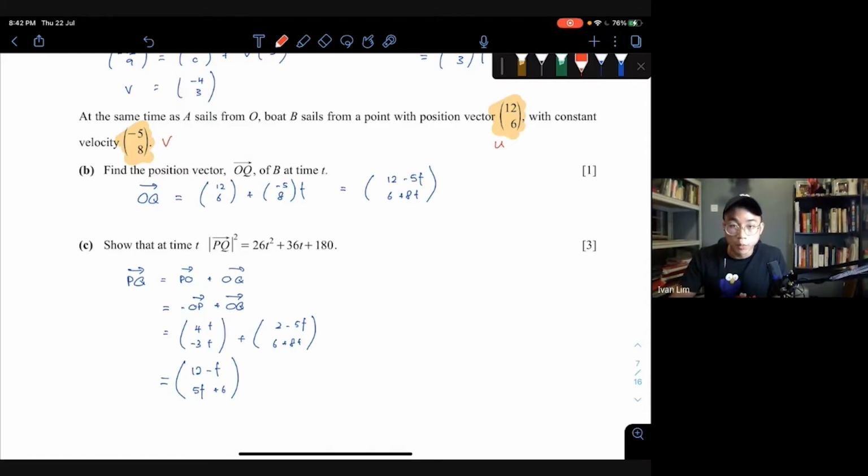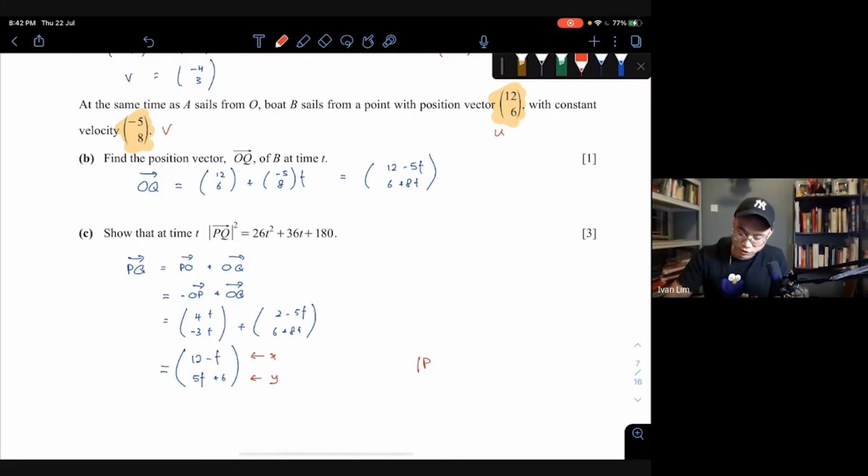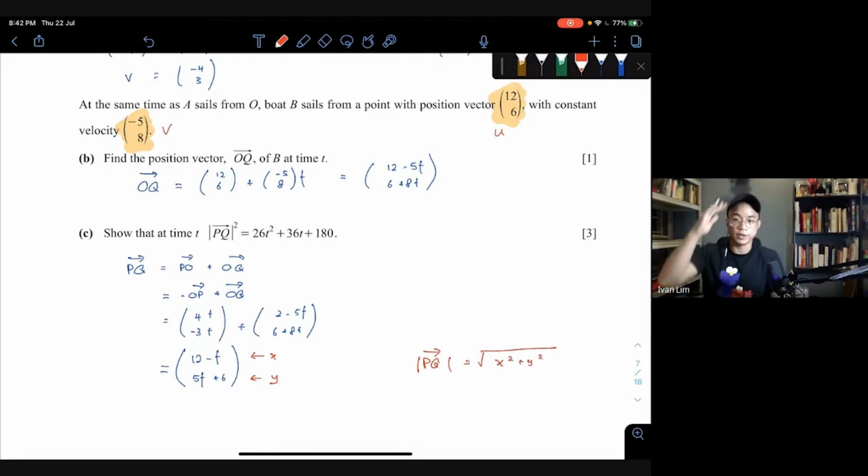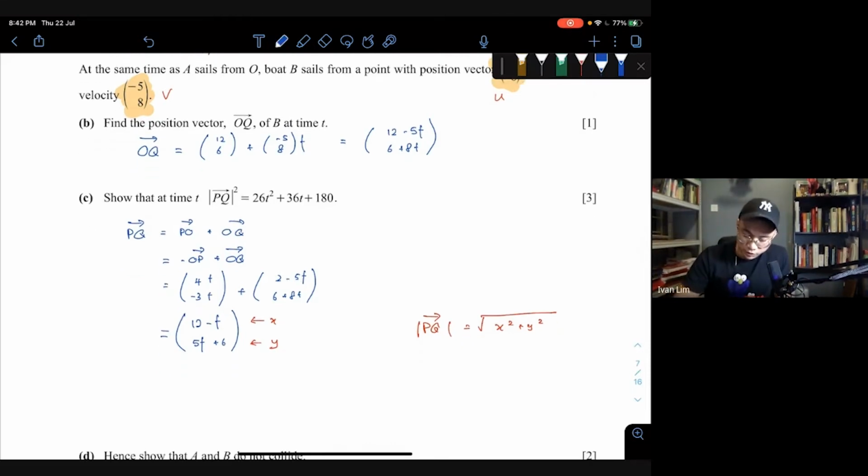So I have my x and y for PQ. Can I find my modulus right now? Modulus PQ will just equal the square root of x squared plus y squared. We learned about vector magnitude and unit vector. But then you have to square it also, so the modulus and the square cancel each other out. You'll end up with (12 minus t) squared plus (5t plus 6) squared.